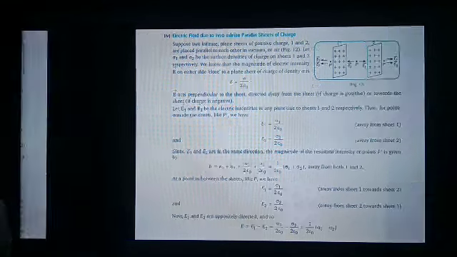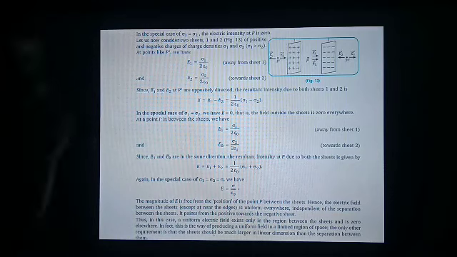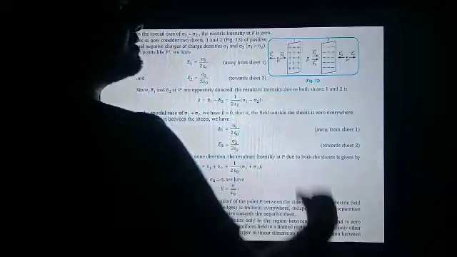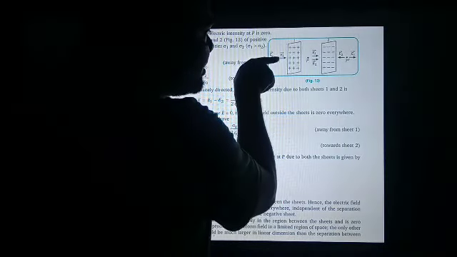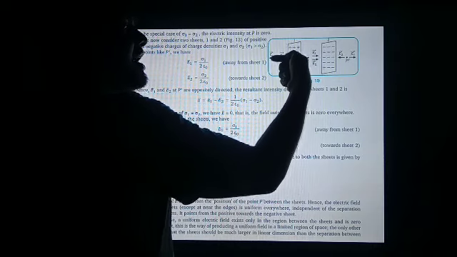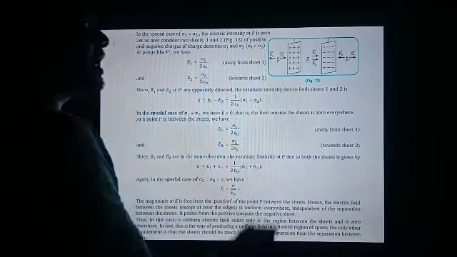Let's see if both charge sheets have equal charge density, then what would happen? Suppose one is positive and the other is negative. The positive plate will apply electric field away from it and the negative will apply electric field towards it.